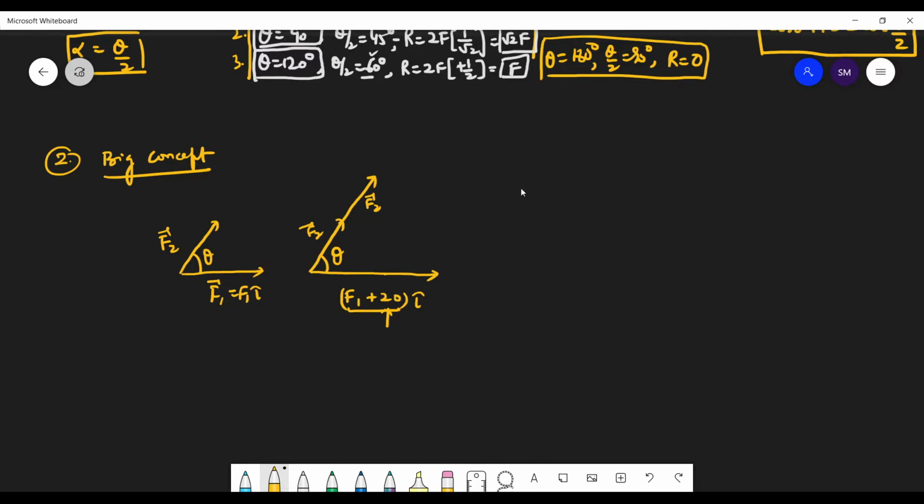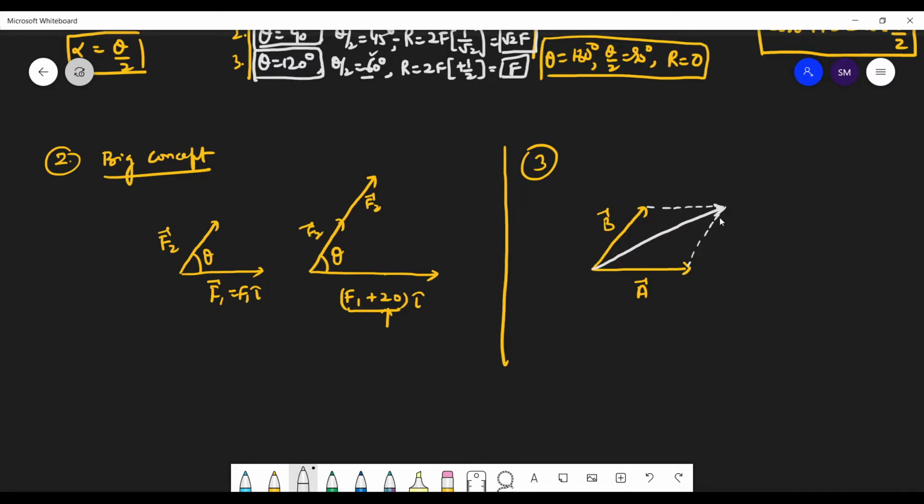Now, the third concept for today is, suppose you have this vector A and this vector B, and you are finding their resultant. Making a parallelogram, by the diagonal of the parallelogram you get the resultant, and that resultant is nothing but A plus B. Now this angle is theta.